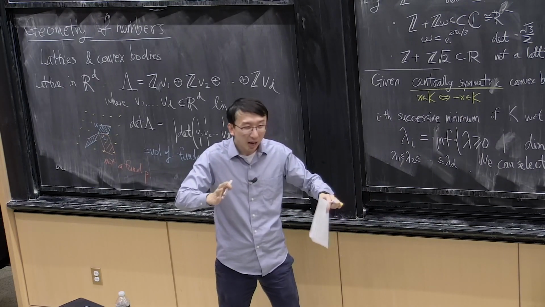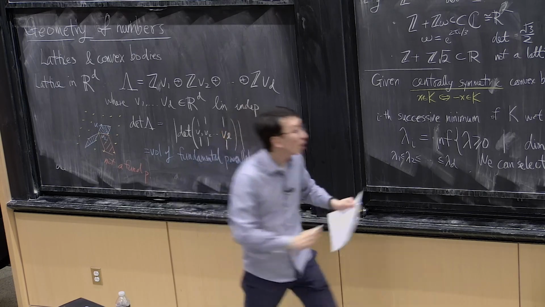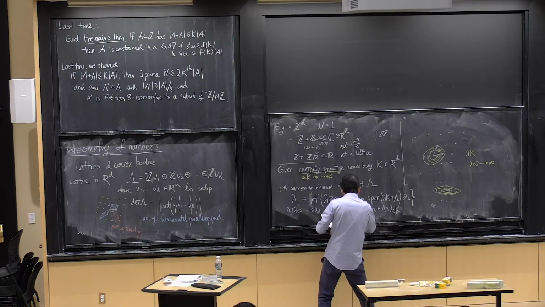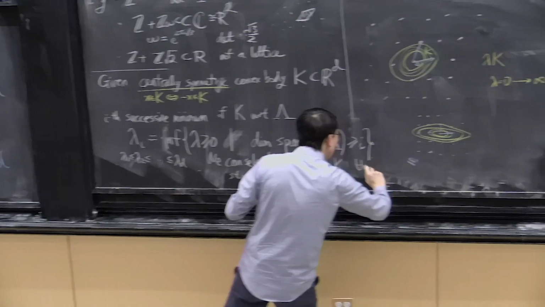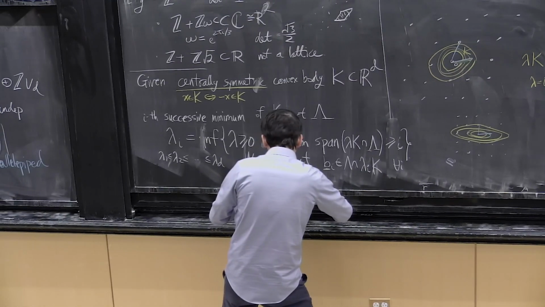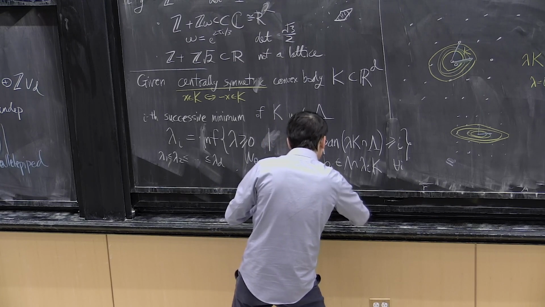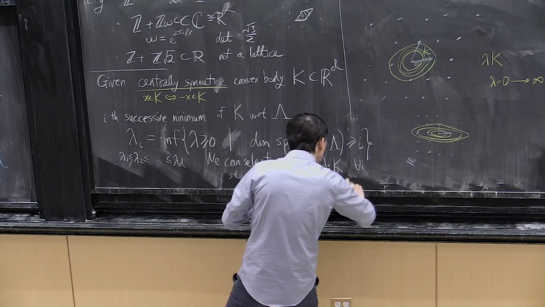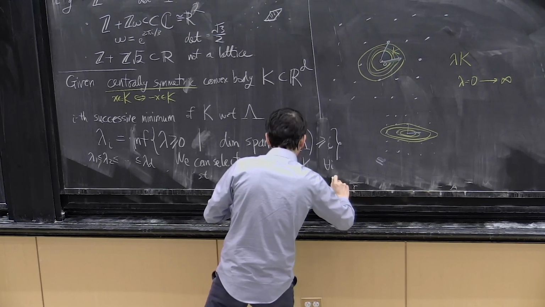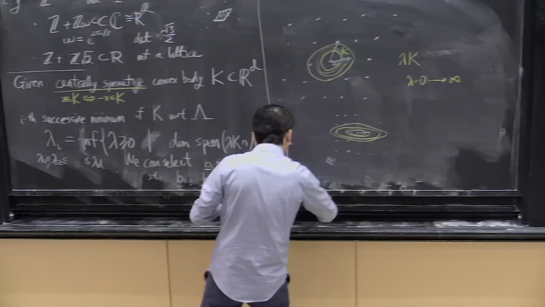You should think of b_i as the new vector that you see, and it will have the property such that b_1 through b_d form a basis of R^d.